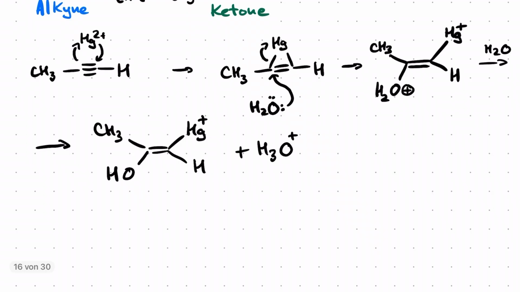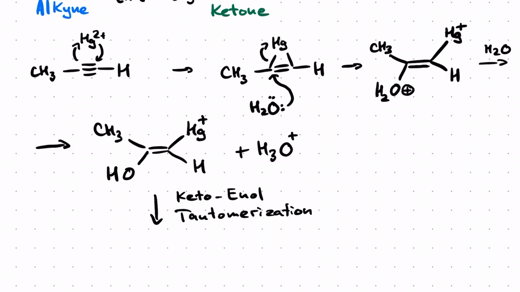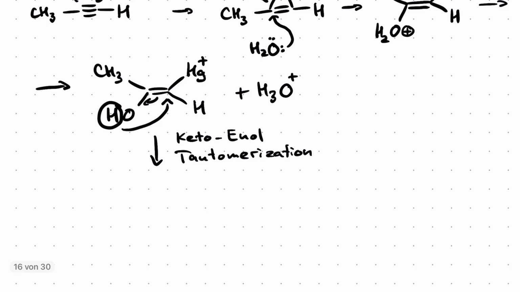At this stage, the so-called keto-enol tautomerization happens. Hydrogen shifts from the oxygen to the carbon, and at the same time the double bond shifts to the oxygen. Now, what do we have in the system?